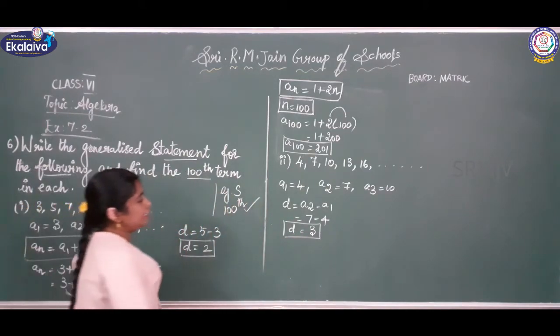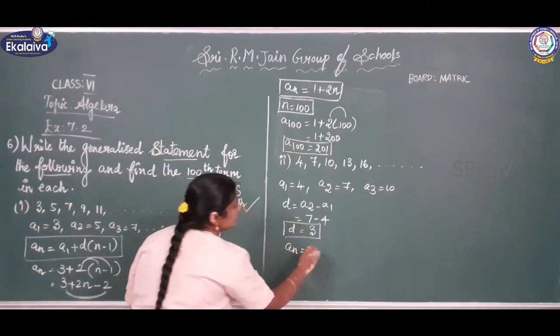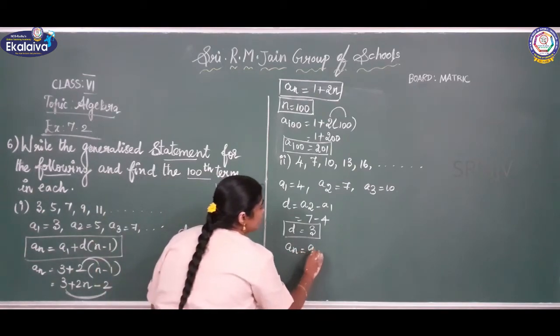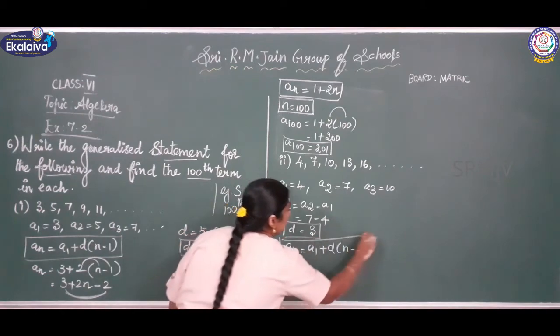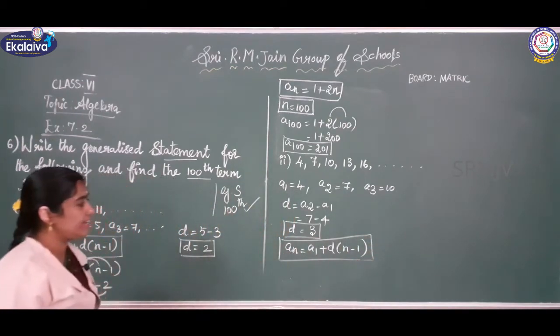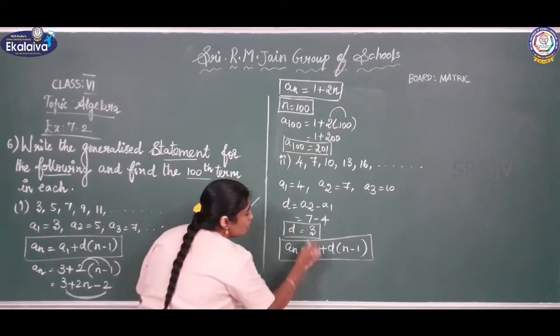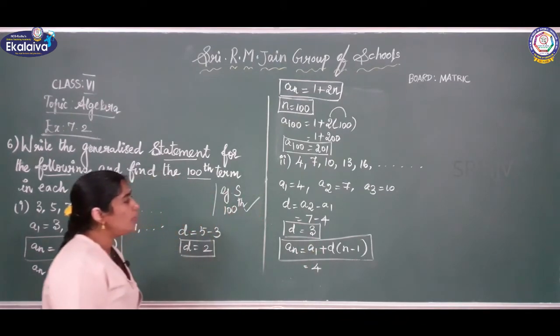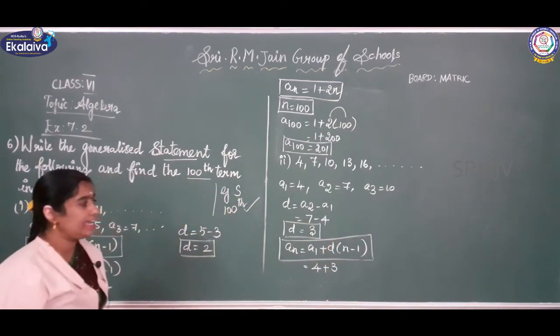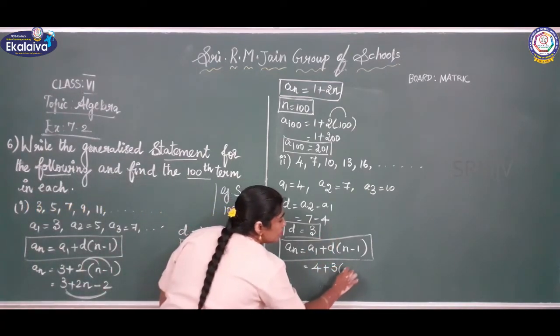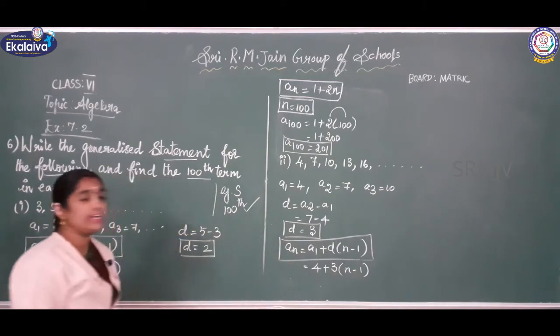Okay. Now listen. An is equal to A1 plus D into n minus 1. Here I am going to find out the generalized statement. Substitute in this. What is A1? 4. And what is the difference? Which is 3. So plus 3 into n minus 1. Can you clear this, children?